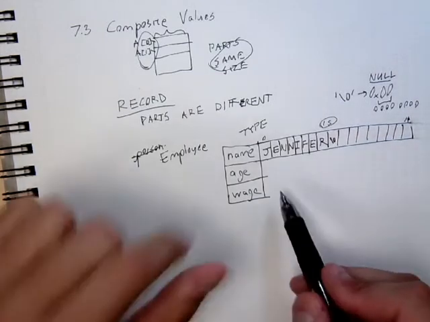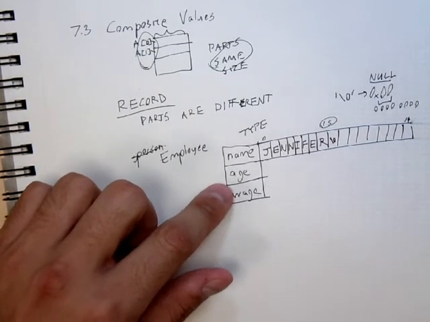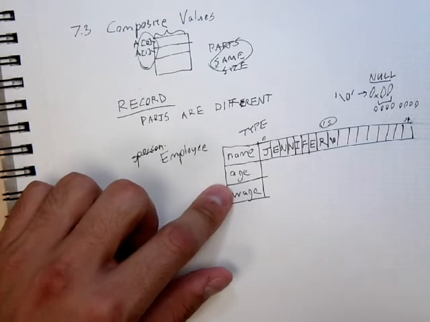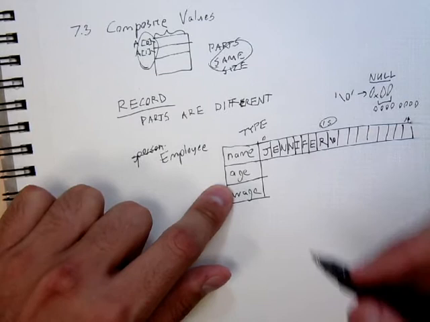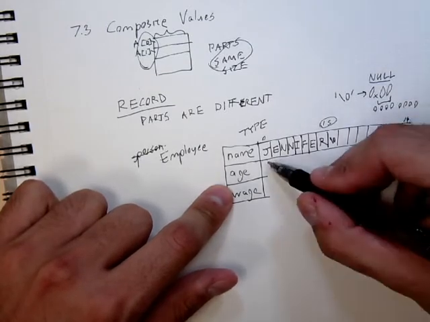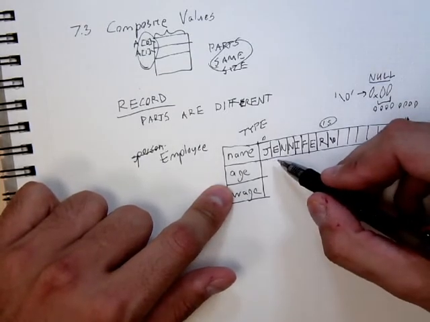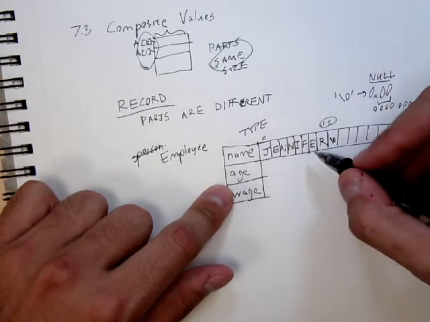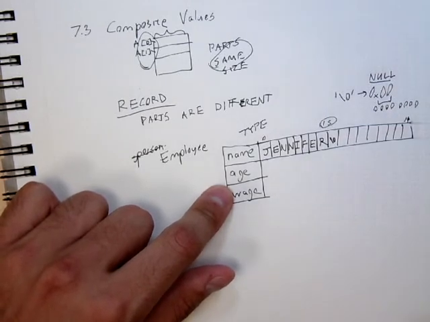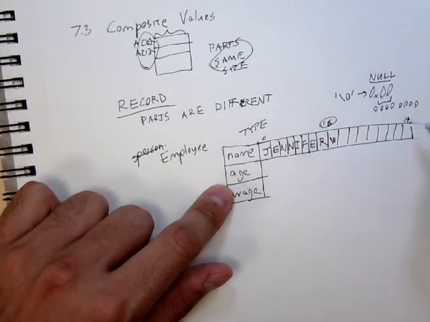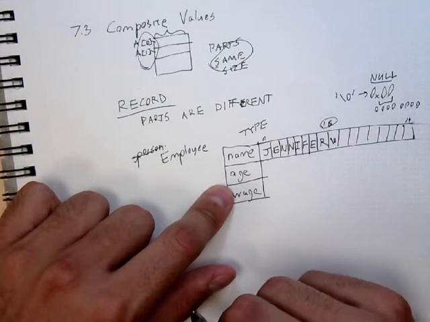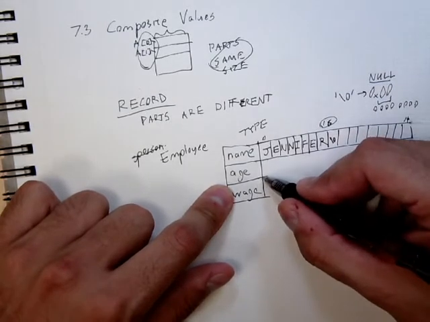But for the age of a person, how old can people get? I think 121 is the oldest person ever. For that one, you would really only need 7 bits. But we like to keep things in 8-bit increments because that works better with the memory. So I would probably want to use 16 positions for the name.